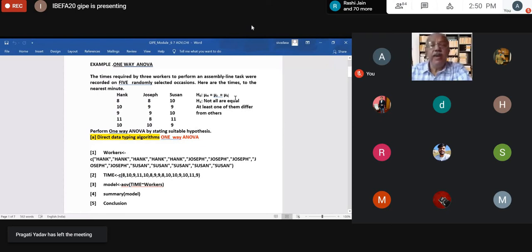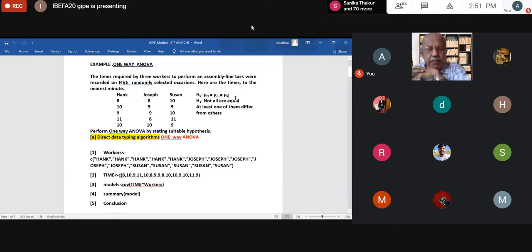So H1 will be at least one of them differ from others. Critical value approach is very difficult. And since you are learning R package, you have to practice R. Very simple.